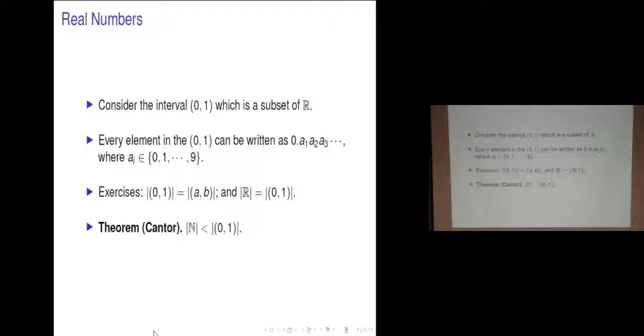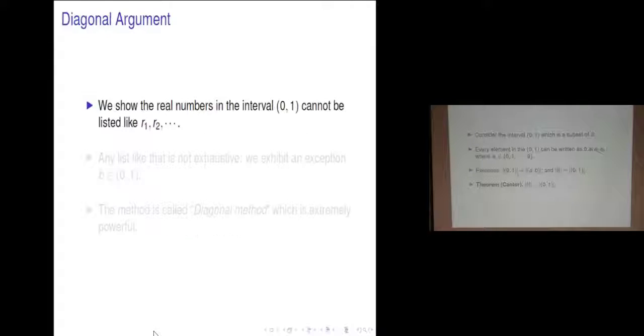It is Cantor, the guy who invented set theory. He showed that the number of points in the interval 0, 1 is strictly bigger than the size of natural numbers. Let's see how he does it. This is one of the most beautiful theorems in elementary mathematics.